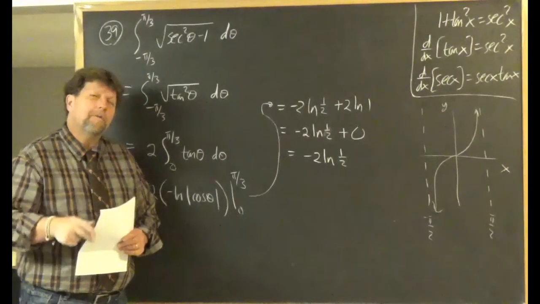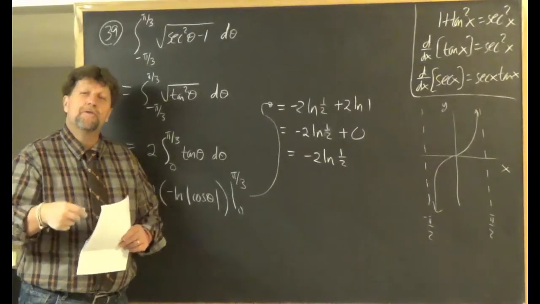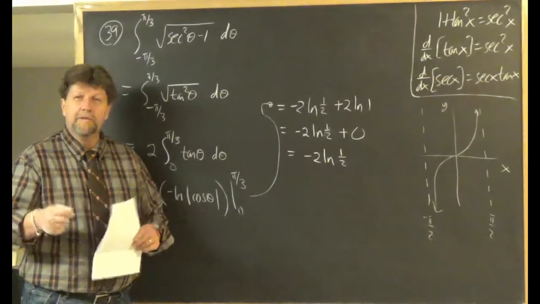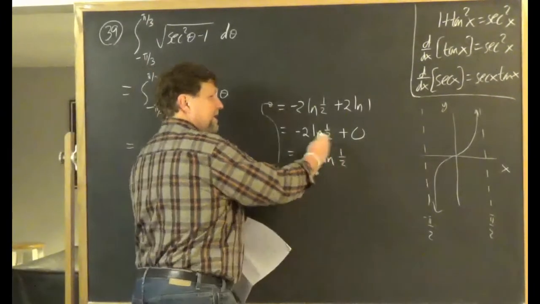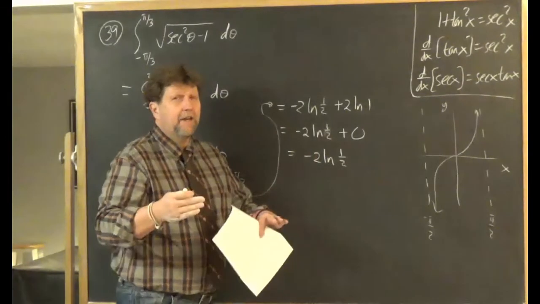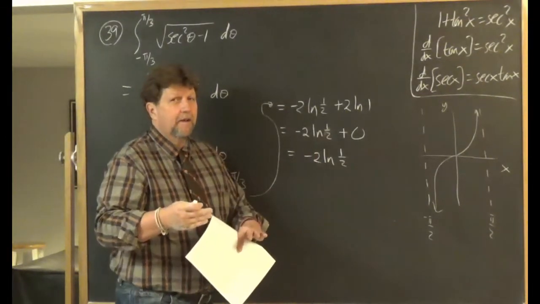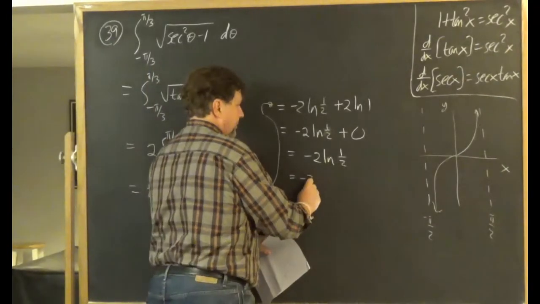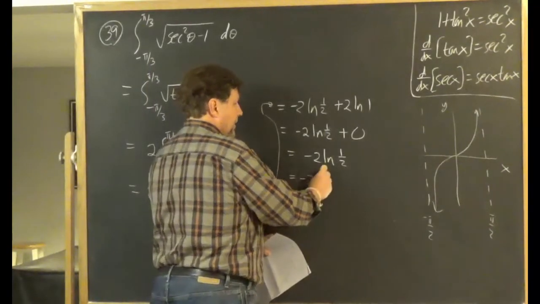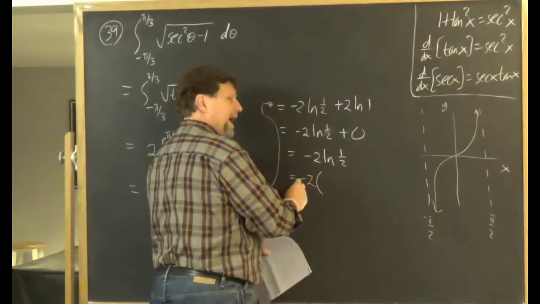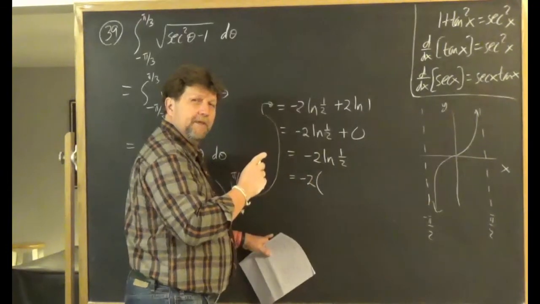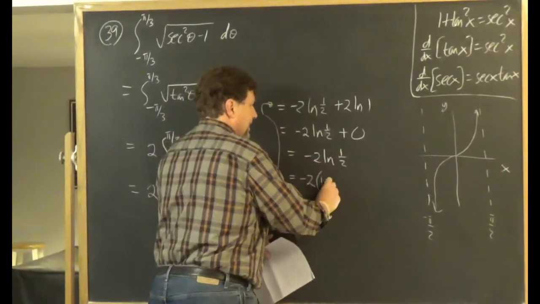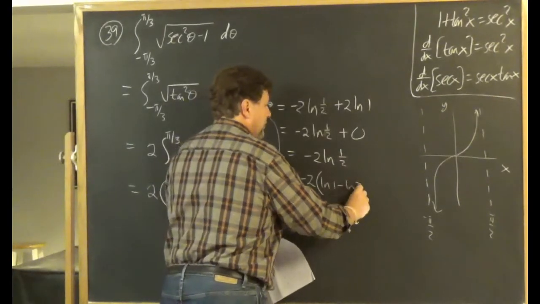You know what? I can go a little bit further with this, and I'm going to just review some properties of logarithms. This is kind of fun. I can simplify this down. There are many ways I could go about simplifying it down. I'm just going to show you one way. Negative 2 natural log of 1/2. There's an old property of logarithms that says I could rewrite that as the natural log of 1 minus the natural log of 2.